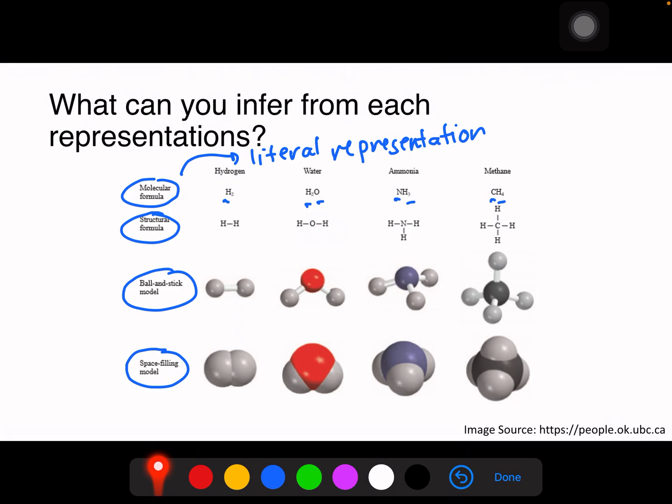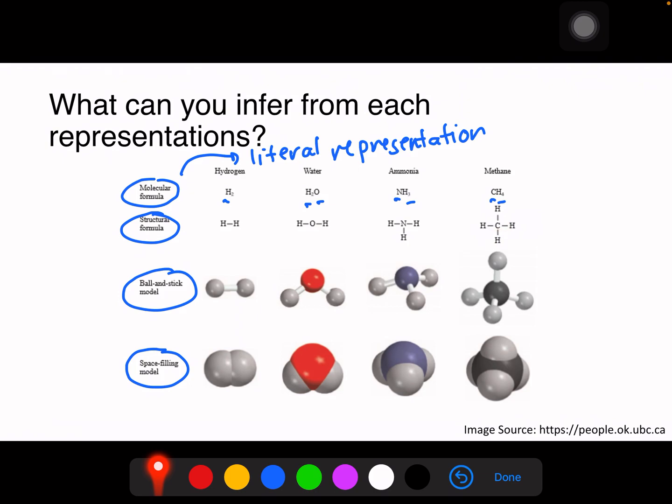Next one, we have this nitrogen, letter N, bonded to one hydrogen on the left side, one hydrogen on the other side, and one hydrogen that is written at the bottom. And the next one, we have methane. For example, we have a carbon bonded to a hydrogen, bonded to another hydrogen, bonded to another hydrogen, and bonded to another hydrogen.